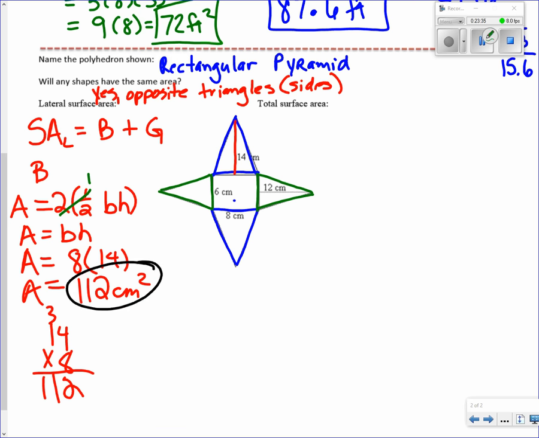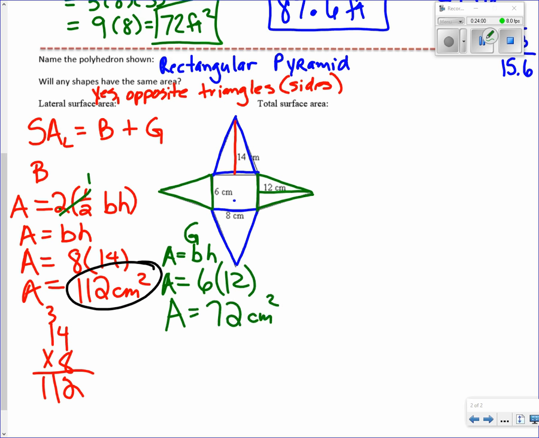Now I'm doing the area of my green, and I'm actually going to use green instead of a different color. So we already know, looking back over here, since we have 2, it's actually for the 2, it's just going to be base times height. So our base of the green is 6, our height is 12, there's your height there. I know 6 times 12 is 72 centimeters squared. Now, we have to add those 2 together.